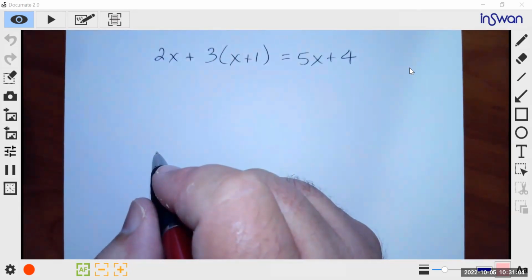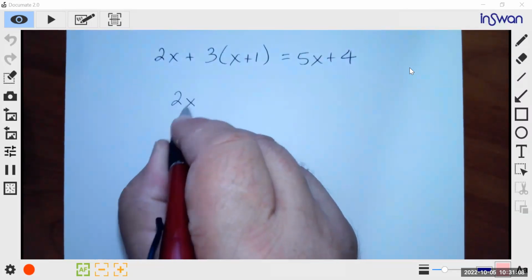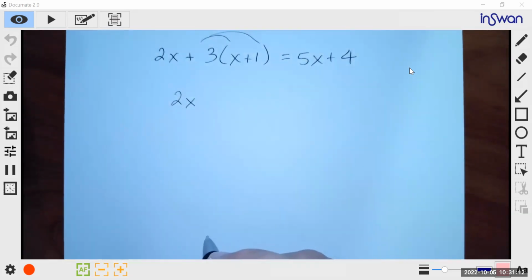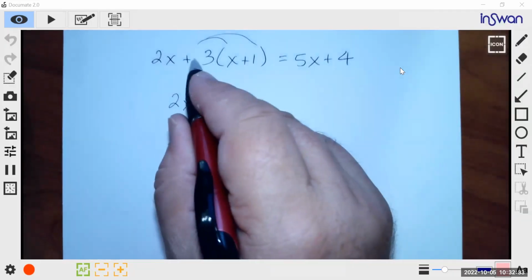So what do we do first? Get rid of the parentheses. I'll let you all do that. All right, so we have 2x, distribute the 3.